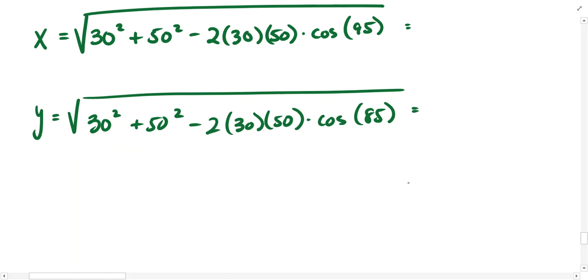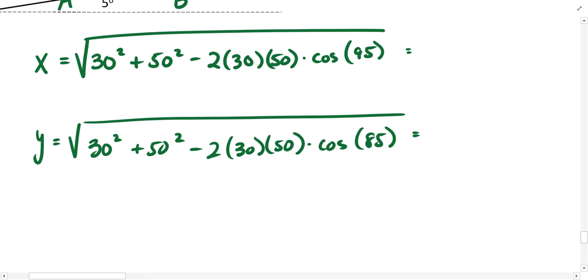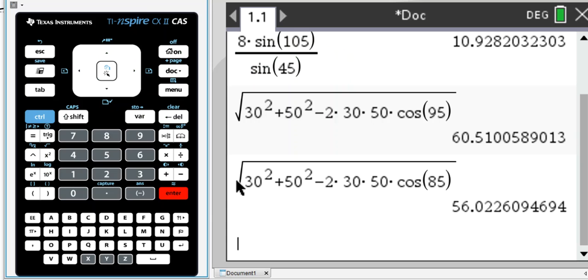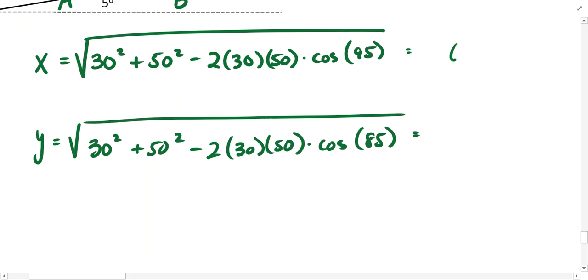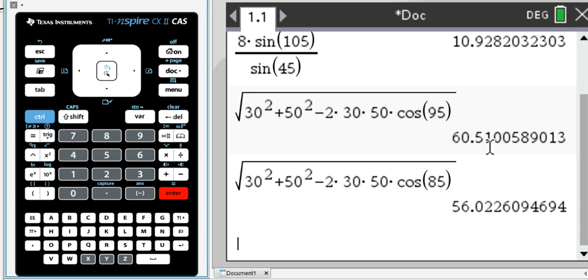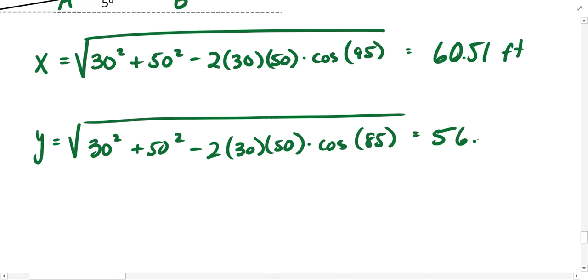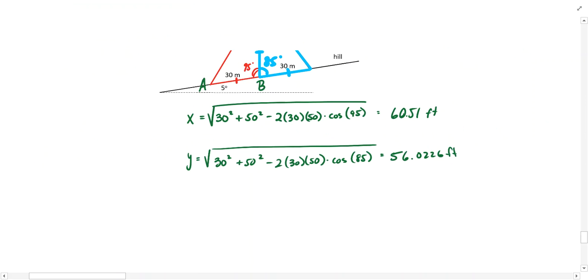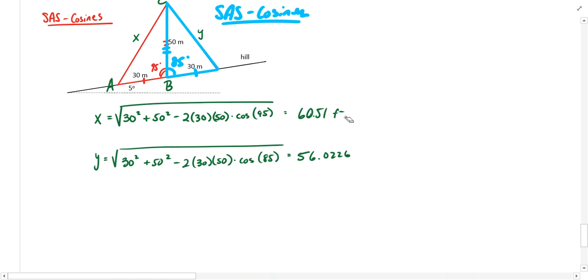And those two computations will allow us to calculate x and y. And here are the two results generated by the calculator. The larger is 60.51, and the other is 56.0226. Sorry, the side lengths here are actually meters.